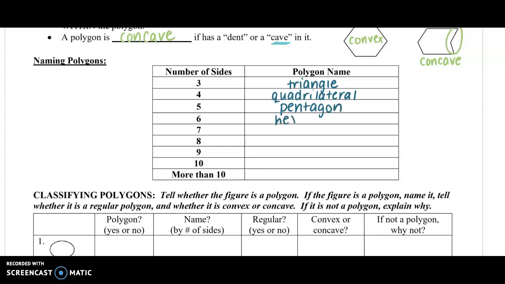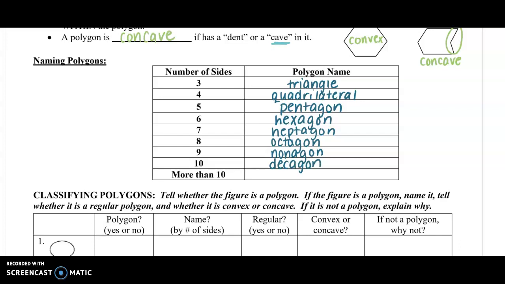6 would be a hexagon. 7 is a heptagon. 8 is an octagon. 9 is a nonagon. 10 is a decagon.